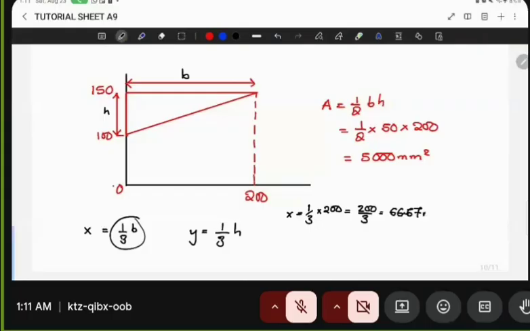So this 66.67 is a measure from the y-axis going along, or parallel to, the x-axis. Notice that it's the same here, so I might as well say that that will indeed be the x tilde. So we can record it.